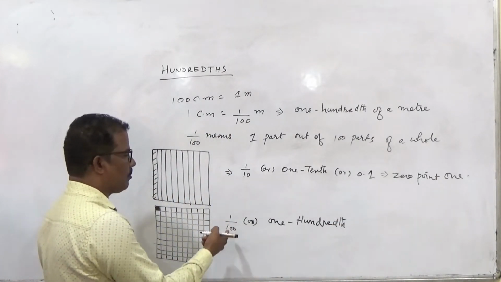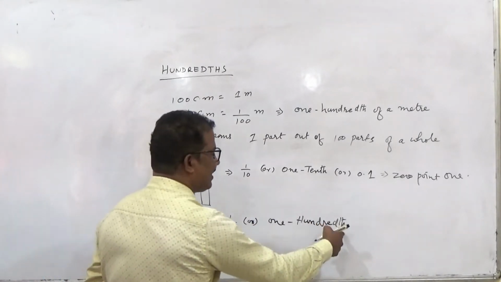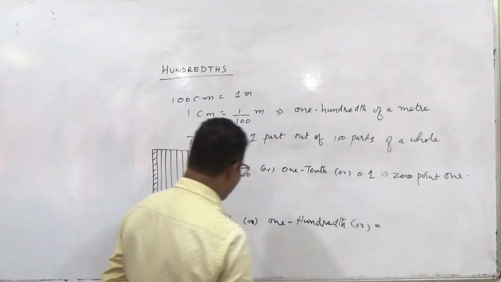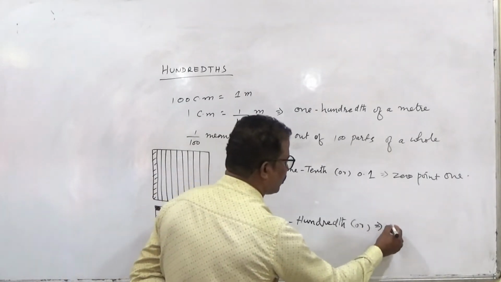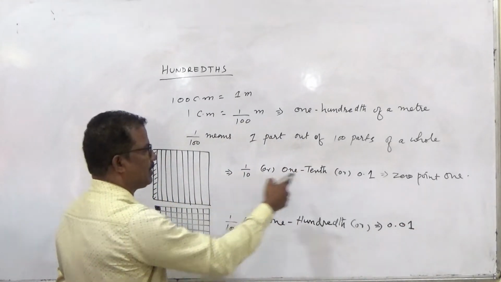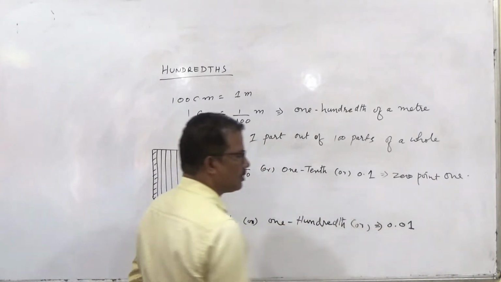How can we read the decimal number for this 1 by 100? 1/100th. The decimal representation of 1 by 100 is equal to 0.01. 1 by 10 means 0.1 and 1 by 100 means 0.01.